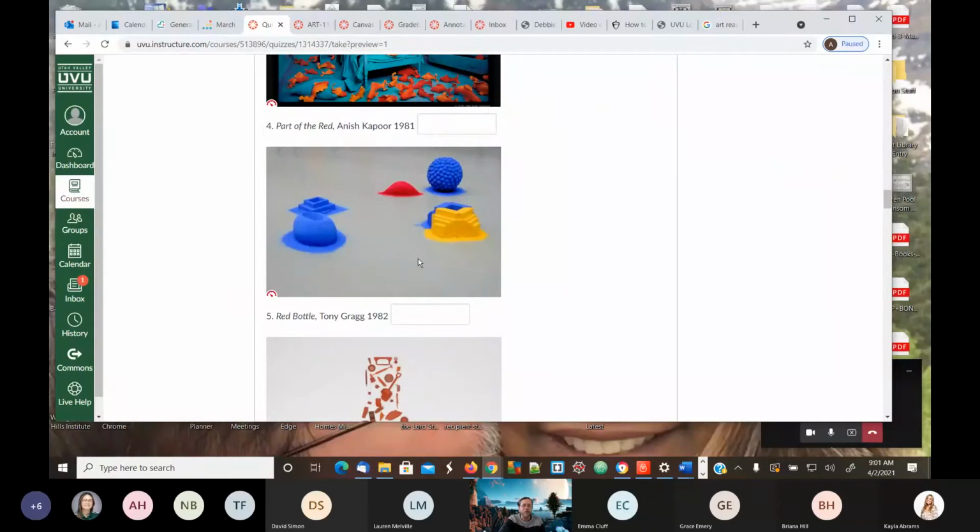What's this one? What's this color? I'm sorry, the mound right in the middle. Red. What's the primary color of the blocks on the far right? Yellow.